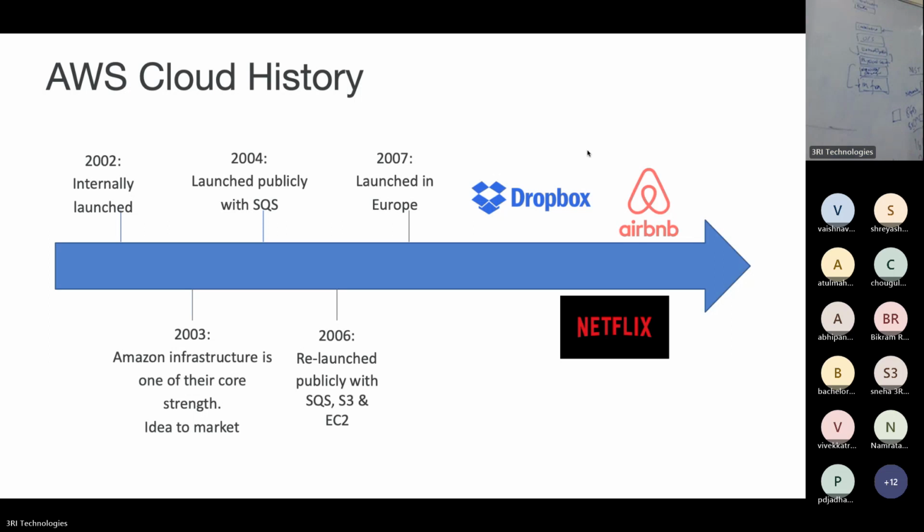Yes, Amazon did it, of course, but I'm asking for geographical locations. What is your guess?